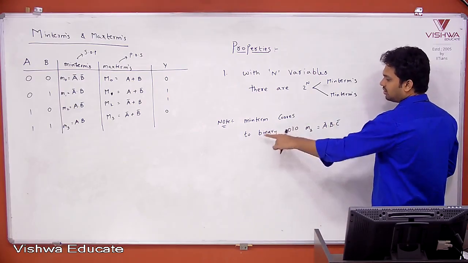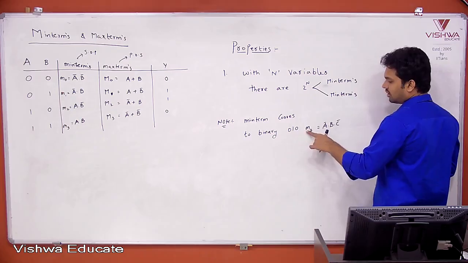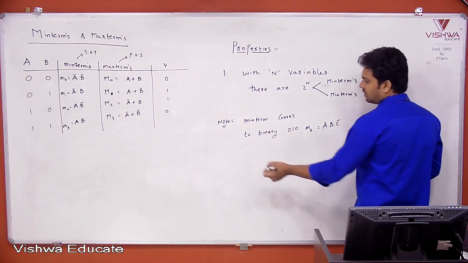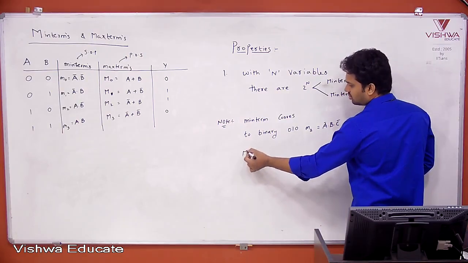Minterm corresponding to the binary 0 1 0, m2, is A bar B C bar, just for example.